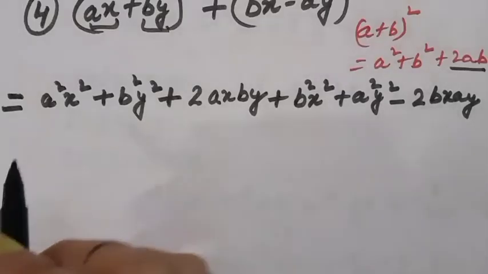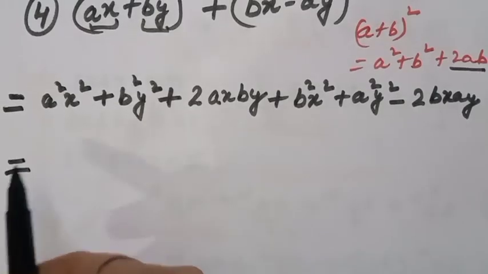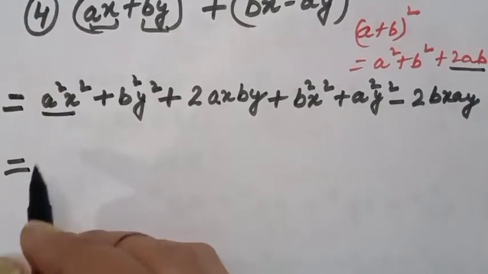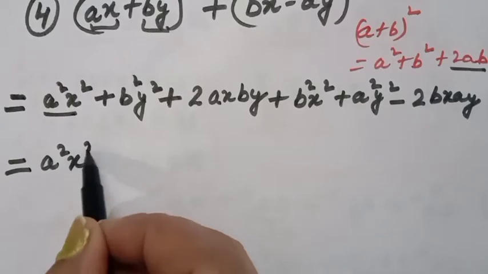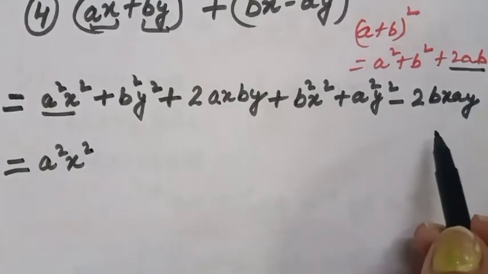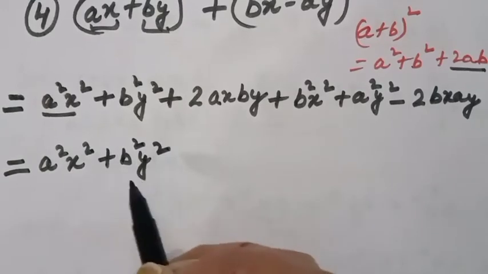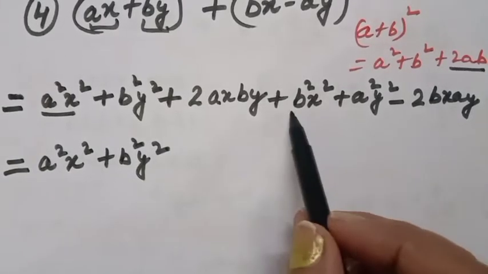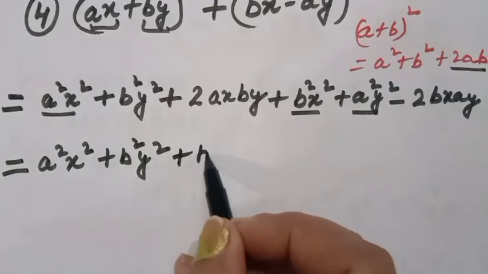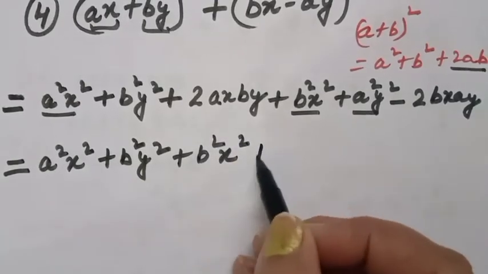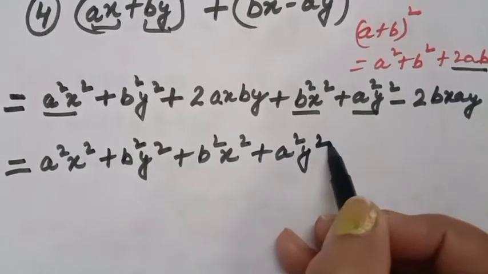Okay, combining the like terms, let's check. So here we have A square x square. We don't have anything similar to this. So let's write B square y square. Similar to this, we don't have anything. Now we are writing these 2 terms, B square x square plus A square y square.